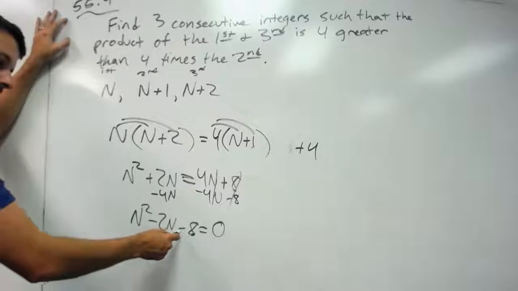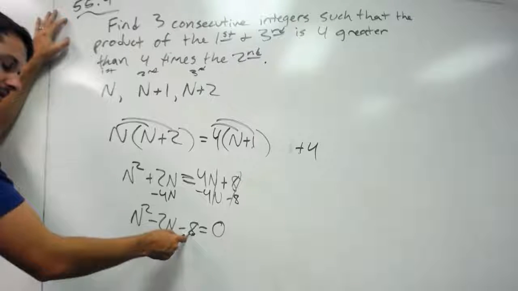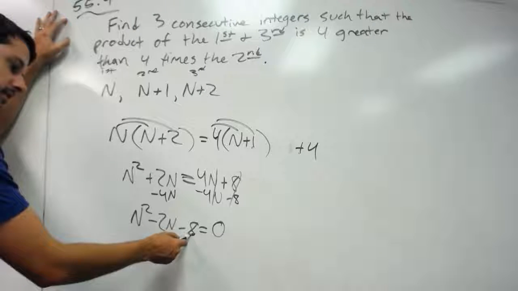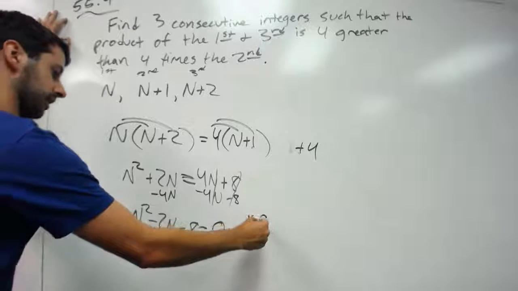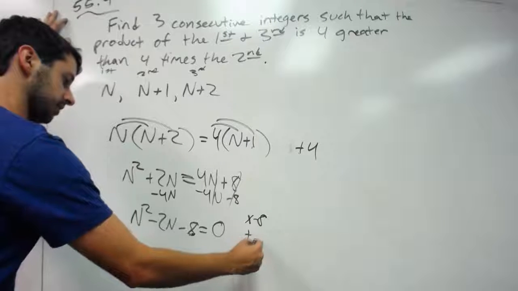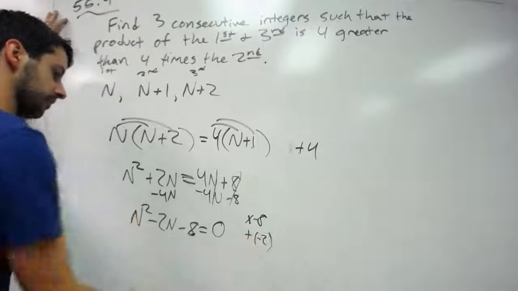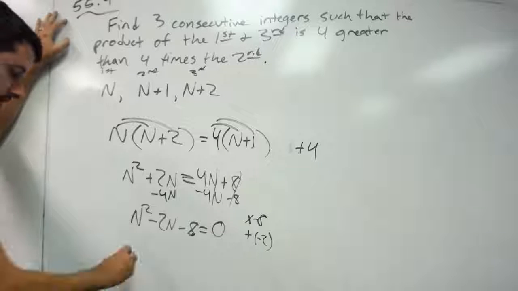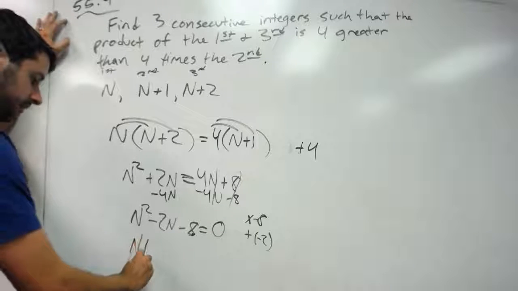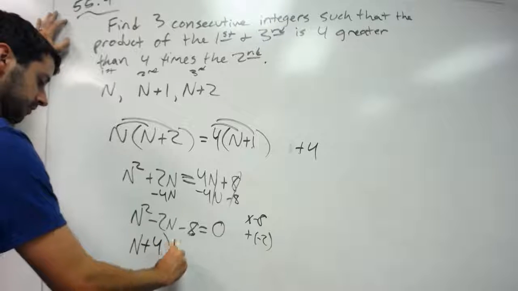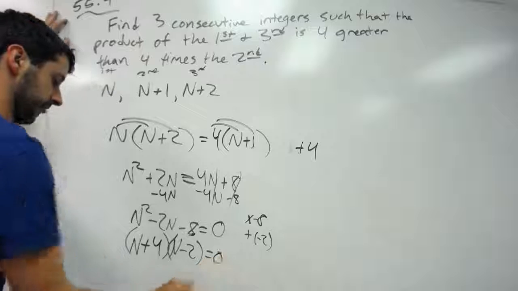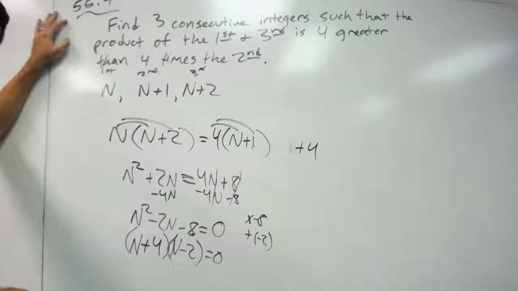It's a quadratic equation, by the way. Does anything multiply to be negative 8 while adding up to be negative 2? Well, positive 4 and negative 2 would be an example. So n plus 4 times n minus 2 equals 0.